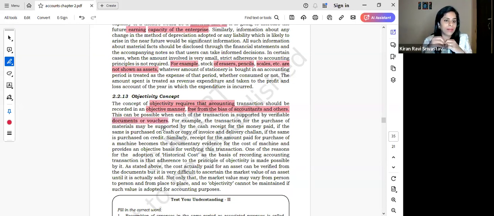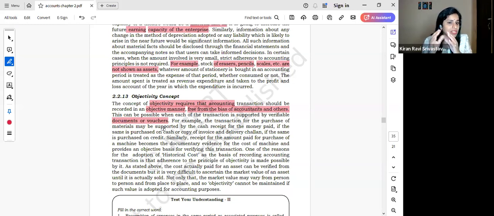For example, if the company's sales manager bought a cupboard for the company's office and the cupboard costed 1 lakh rupees. So don't you think that when the cupboard is bought by the manager for the office purpose, for that 1 lakh, some bill will be generated? Yes.